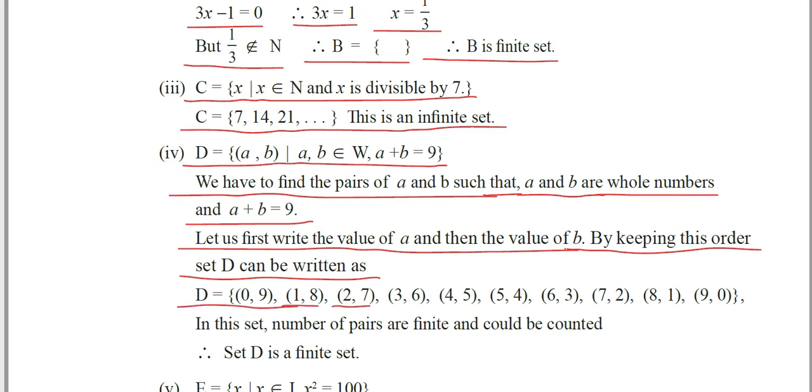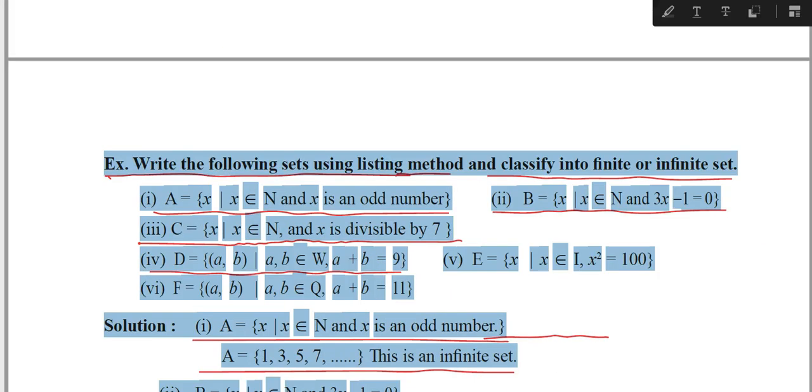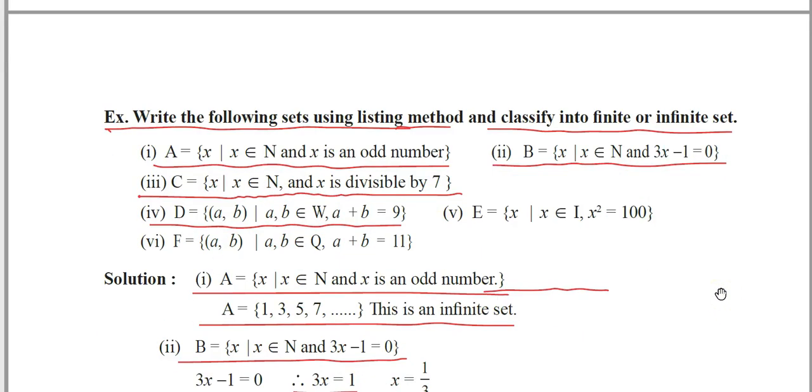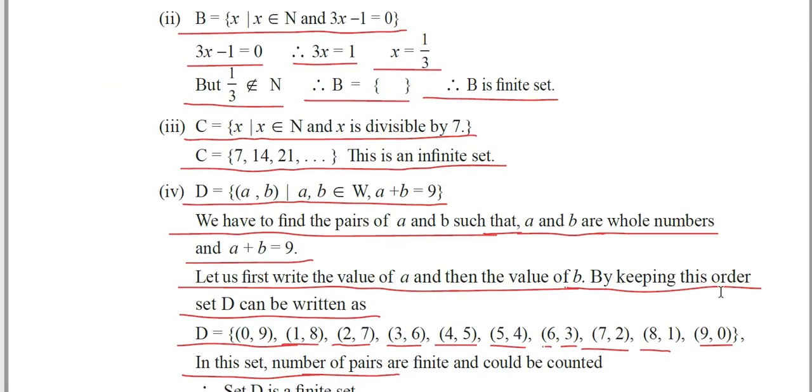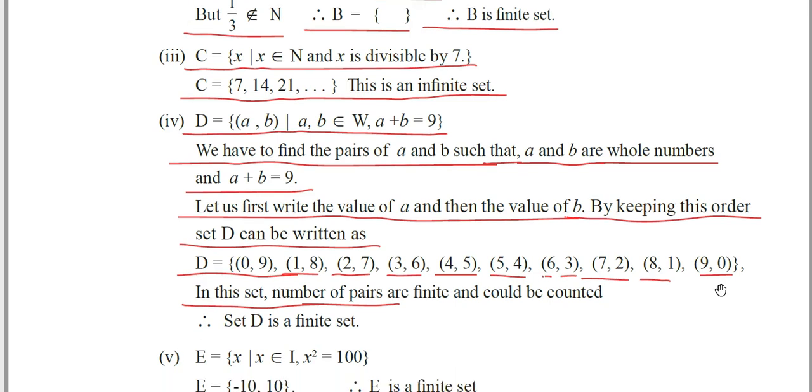Always their sum A plus B is 9. इथे A म्हणजे पहिल्याच्या 0 आणि B म्हणजे 9. दुसऱ्या याच्यात A म्हणजे 1 आणि B म्हणजे 8. या प्रकारे असे नंबर्स आपण सिलेक्ट करणार आहोत की जेणेकरून त्याची टोटल किती आली पाहिजे तर 9 आली पाहिजे. Therefore, the set D is a finite set.